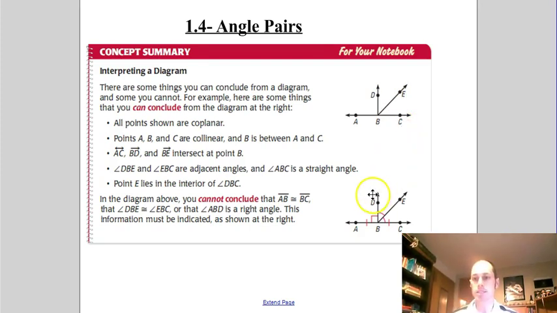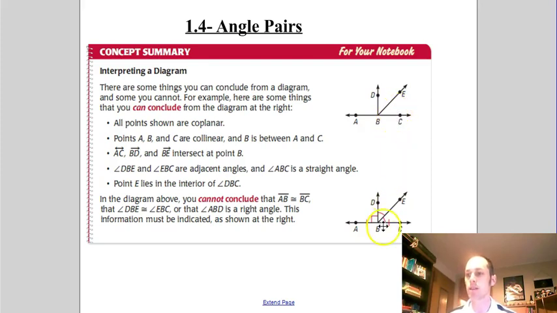What we can't say is that segment AB is congruent to segment BC. It looks like it might be, but we can't conclude that. The only way that we could say that is if the tick marks show that. Unless it's there, we can't say that it is. We can't say that angle DBE is congruent to angle EBC, even though it appears that it probably is.